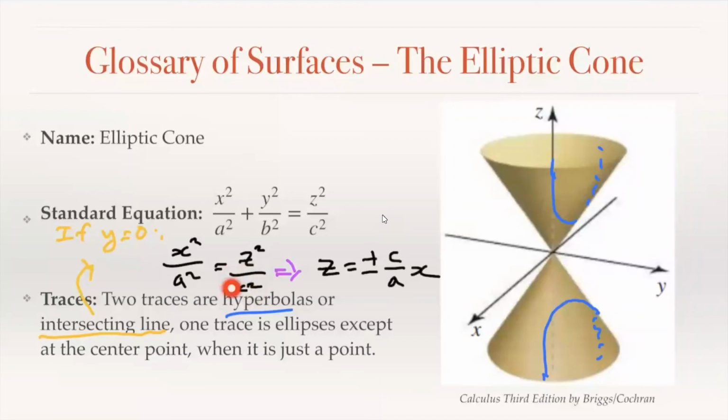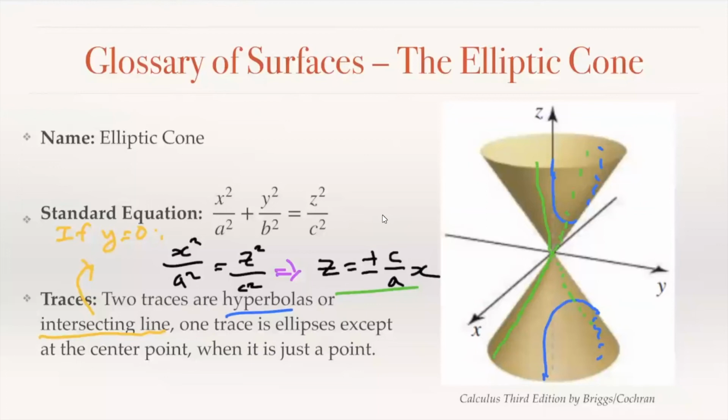Multiplying both sides by c squared and taking the square root of both sides, not forgetting the plus or minus sign. Those are just lines. It's two intersecting lines, depending upon the plus or minus. So that xz trace when y is 0 is those two intersecting lines.